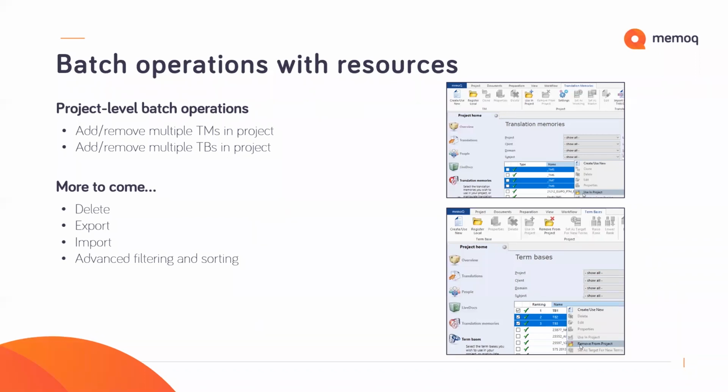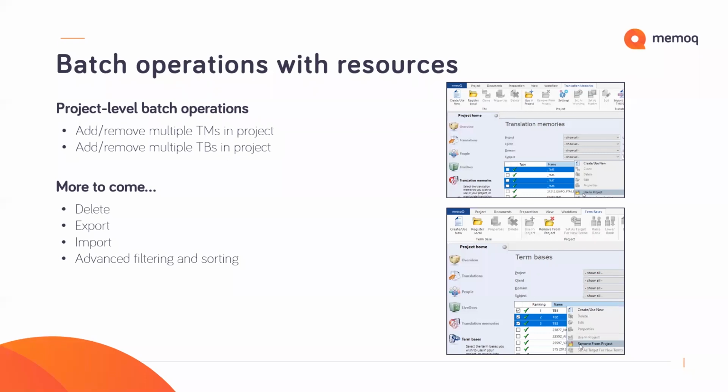As you can see on the upper picture, you can select multiple translation memories in the project. And you can either use the ribbon icon or you can use the context menu and select use in project. And immediately those resources will be added to the project. Obviously, we are doing some permission checks, and also there are some things that memoQ will check in the background. So you will see some dialogues if you have some mixed cases, for instance.